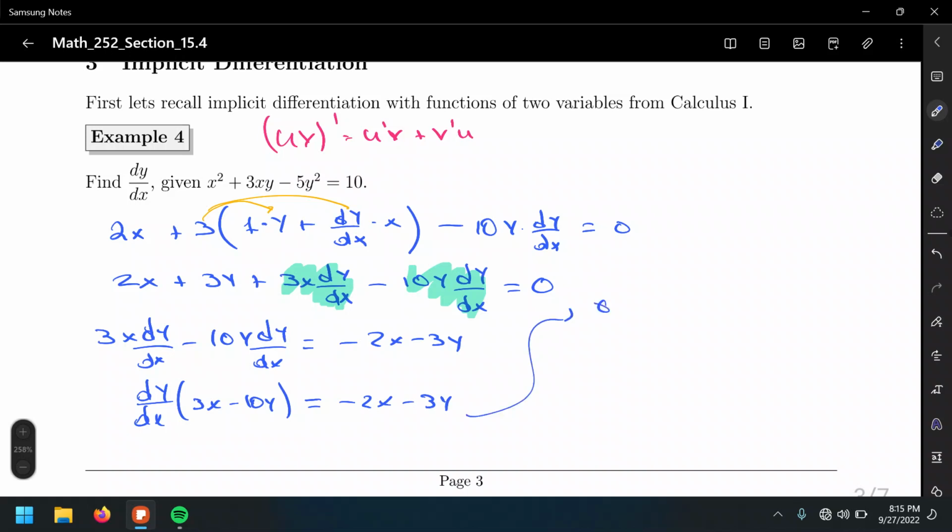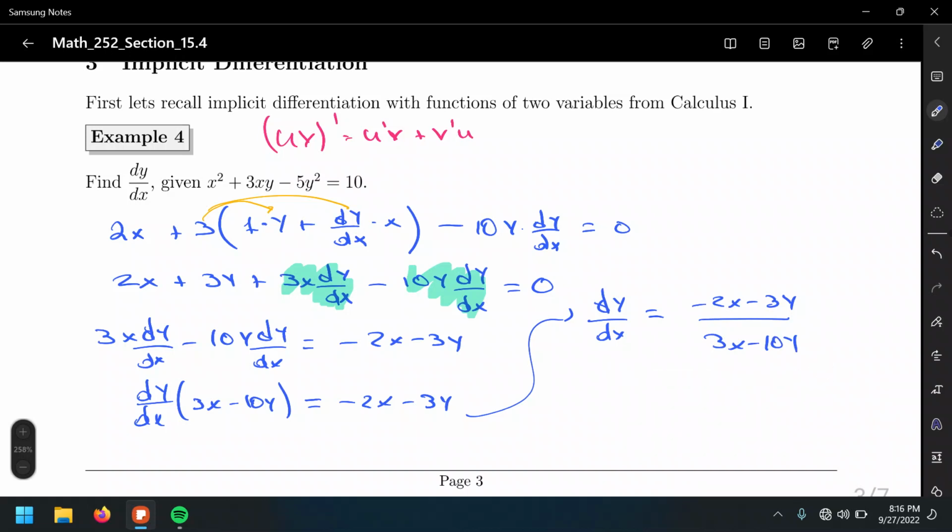So this should give us dy/dx. Shouldn't it equal 10? Where did you put equal 0? This one? Yeah, but the derivative of 0, which is a constant, is 0. So dy/dx is going to be negative 2x minus 3y divided by 3x minus 10y.